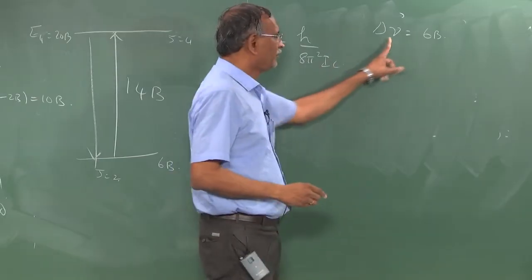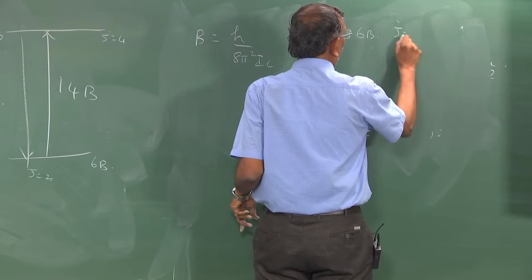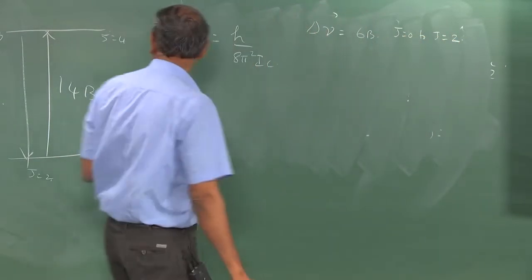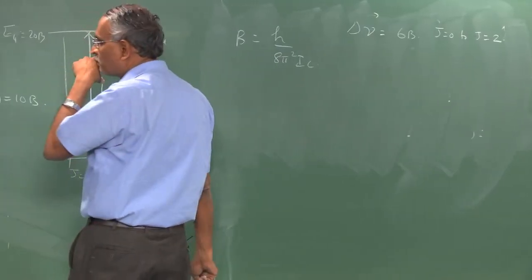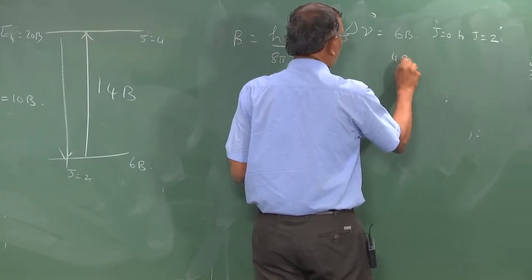And what you see is the first line 6b is for J equal to 0 to J equal to 2. And the next line, every gap is 4b.